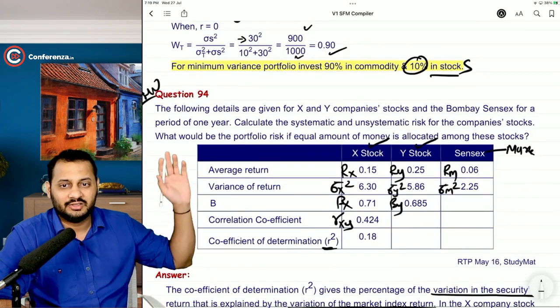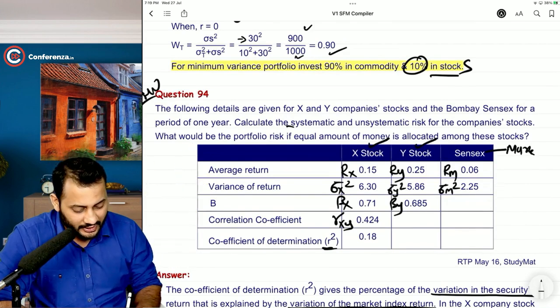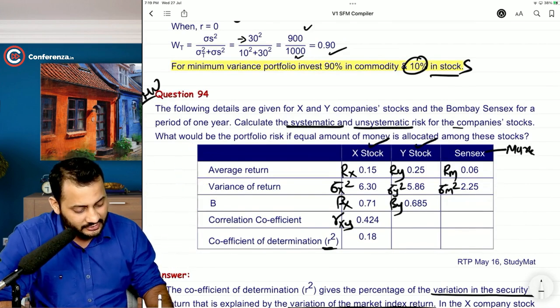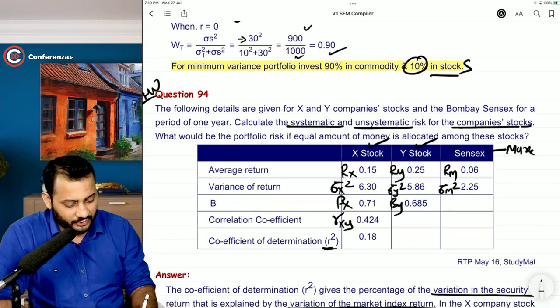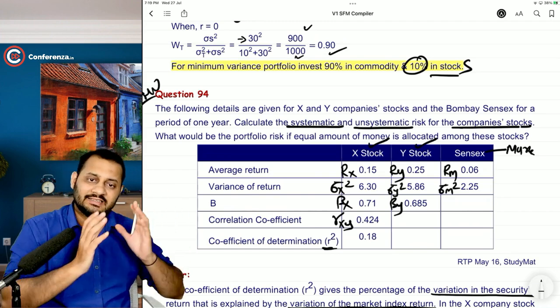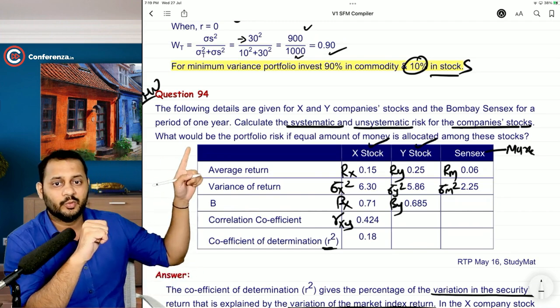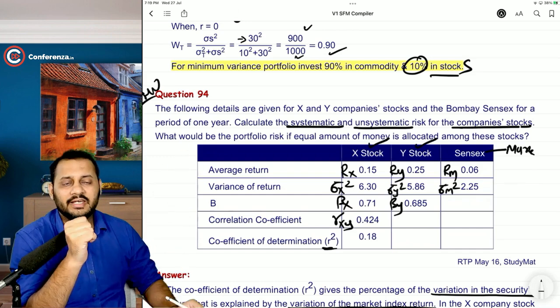What has been asked of us? What would be the portfolio risk if an equal amount of money is allocated? First, they are asking us to calculate the systematic and unsystematic risk of the company stock. So we need to find out the systematic risk of X, systematic risk of Y, unsystematic risk of X and unsystematic risk of Y. And then the portfolio risk if an equal amount of money is allocated.